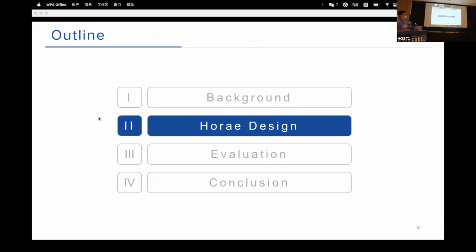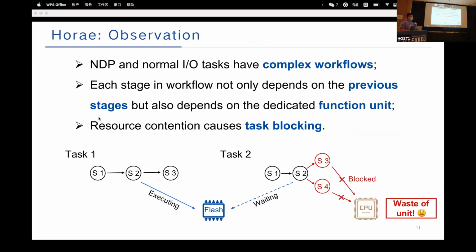So now I will show you our scheduling method for NDP-based SSDs. According to our observation, the NDP and the normal I/O requests have more complex workflows, and each workflow includes many stages. Each stage in the workflow not only depends on the previous stages in the same workflow, but also depends on a dedicated function unit.